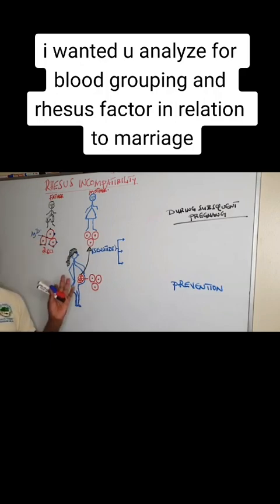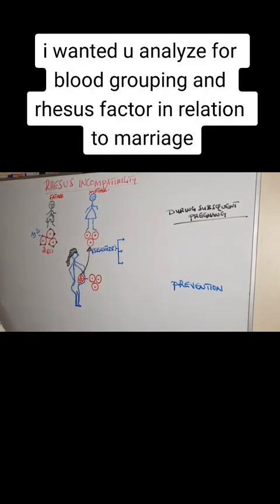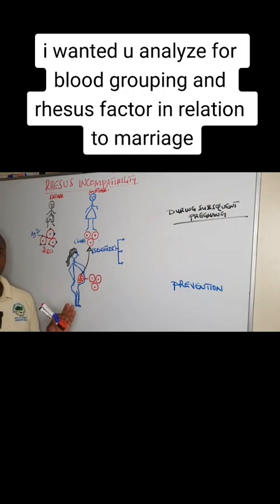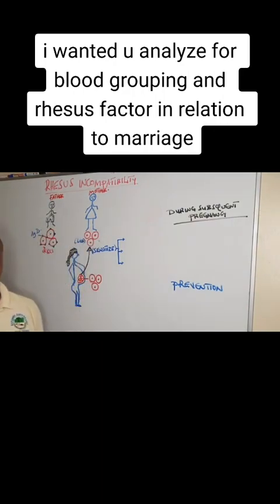So individuals with this antigen are known as Rhesus positive, whereas individuals who lack the antigen D on the surface of their red blood cells are known as Rhesus negative.